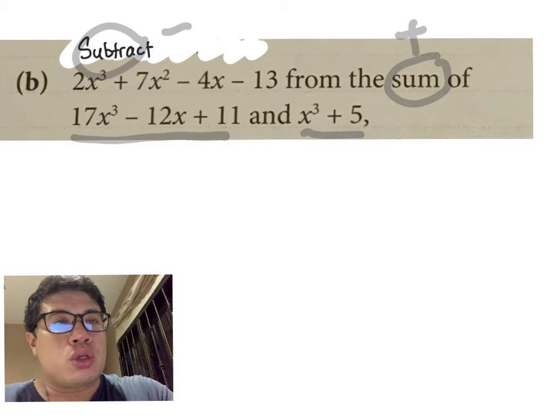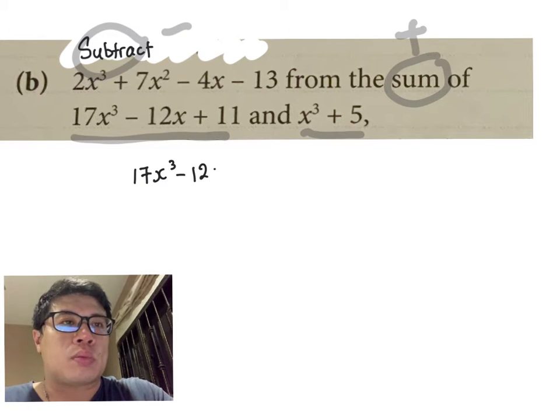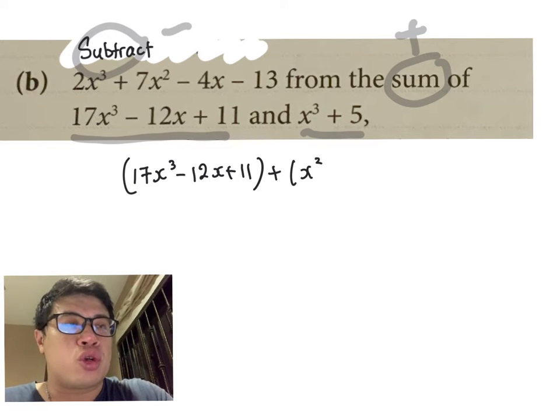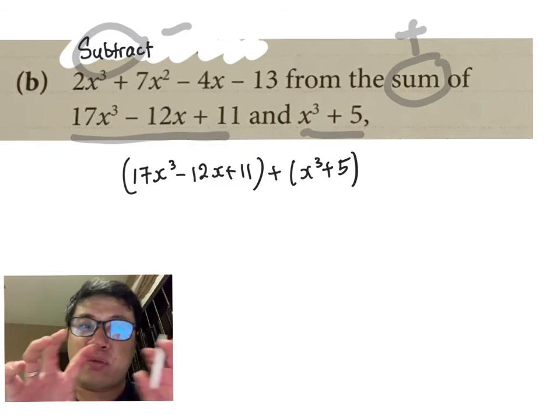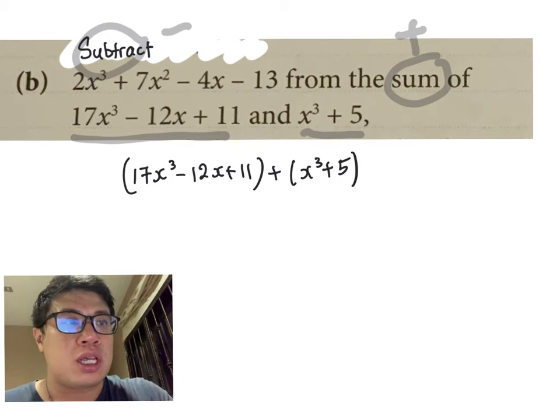So if I take 17x cubed minus 12x plus 11, just take note, to be safe, we always use a bracket to show that we are adding the two expressions together. If you use a minus sign especially, the bracket will be even more useful.